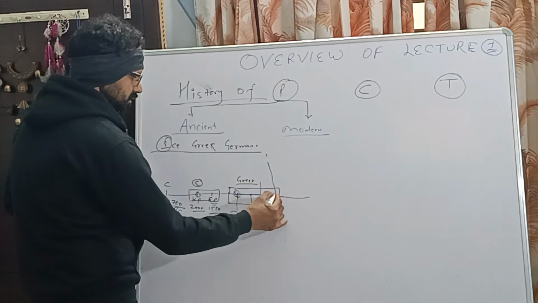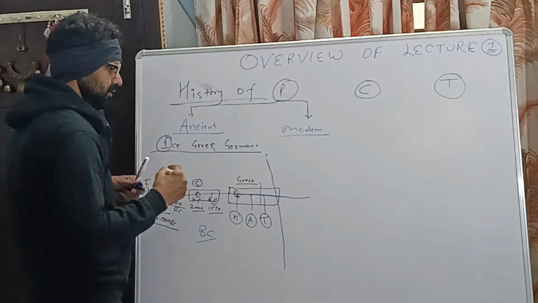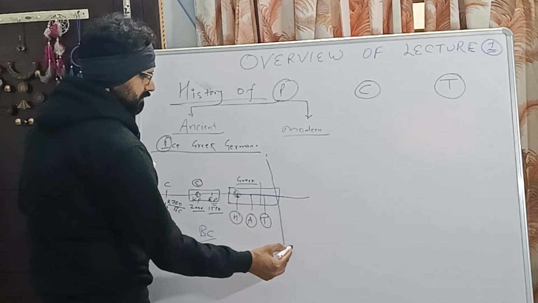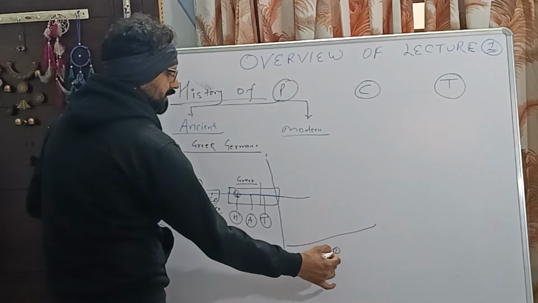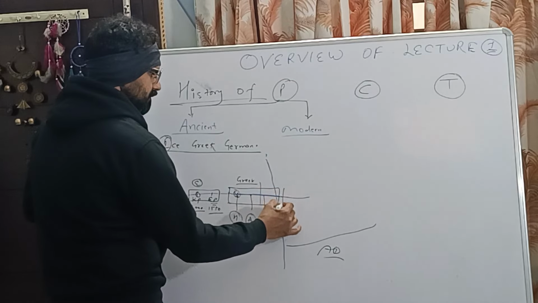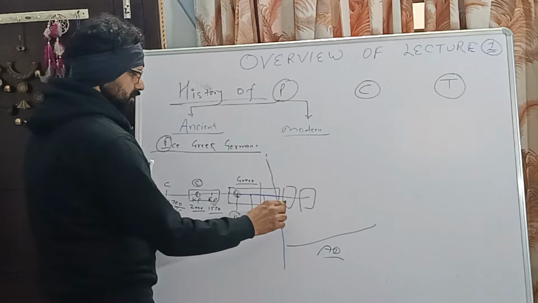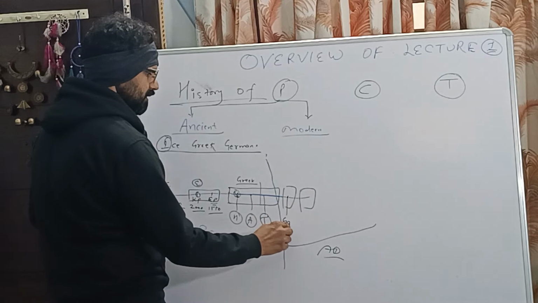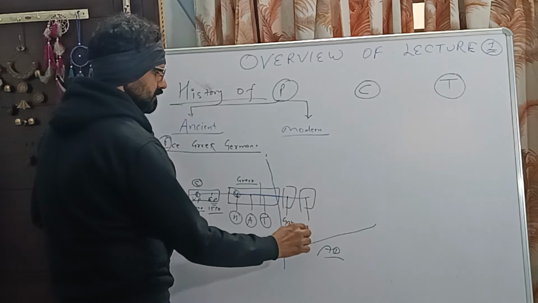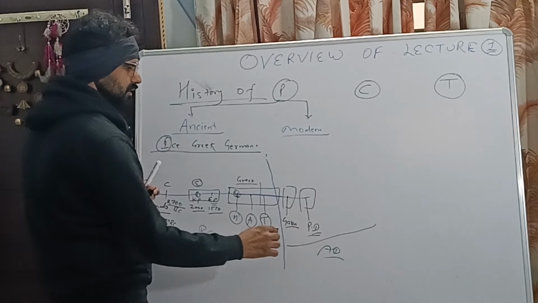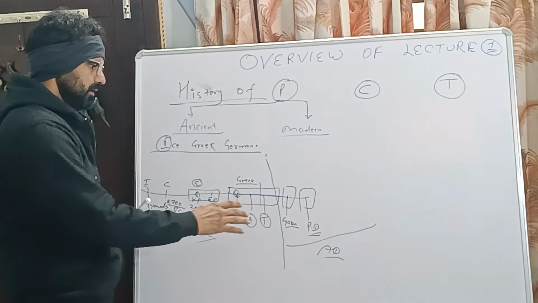and once Jesus Christ is born, then comes AD. This is the AD period, where there are 2 Greek scientists, one is Galen and another is Pedanius Dioscorides.